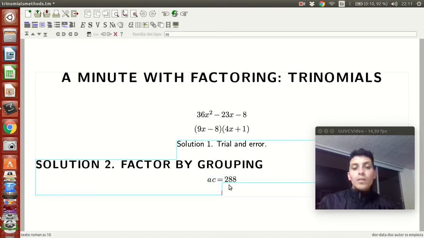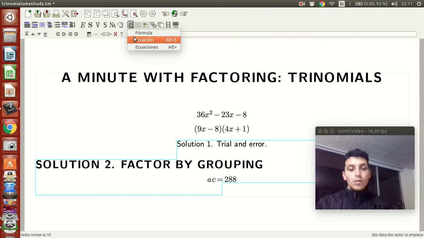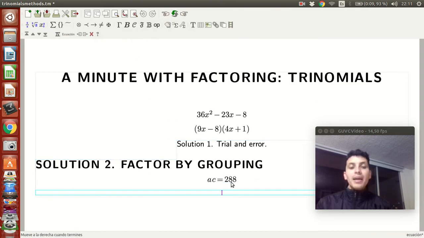So we can start applying the factoring. 288, a half is 144. Obviously it's not going to get negative 23.